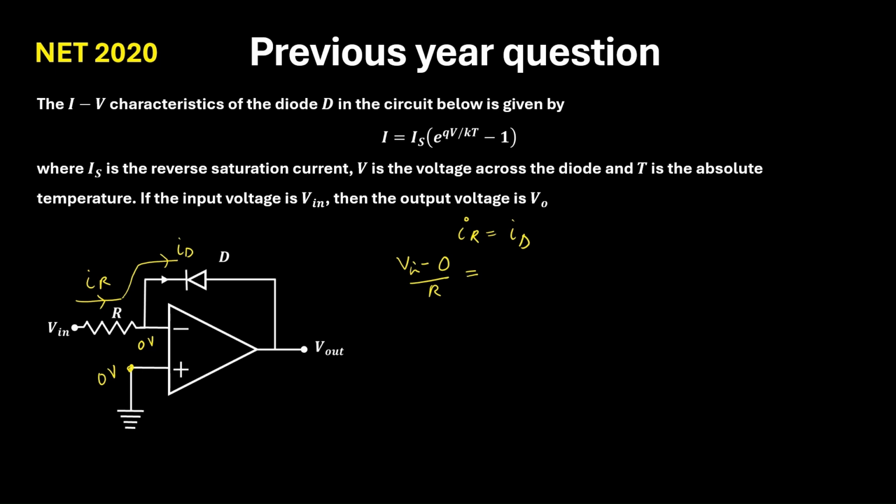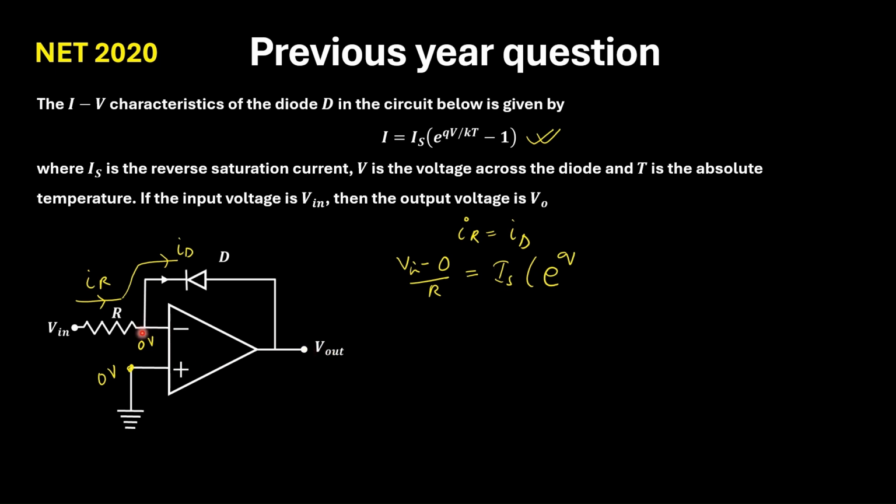They have already given the mathematical relation, so we can use this. So it will be IS into e to the power Q. Now the voltage across this diode will be the difference between the voltage at this point and this point.